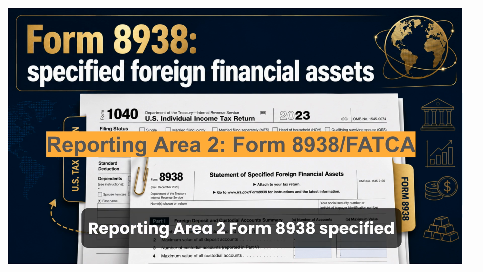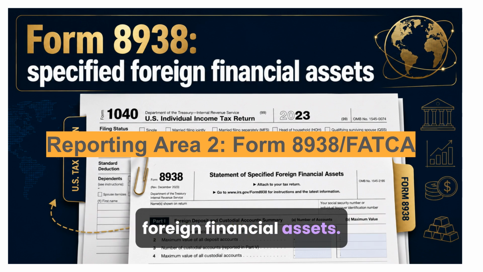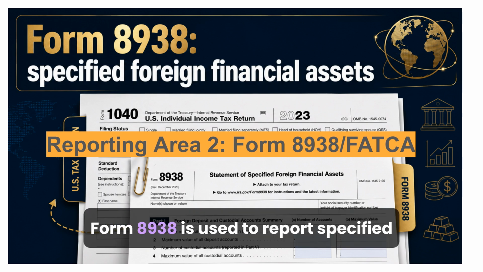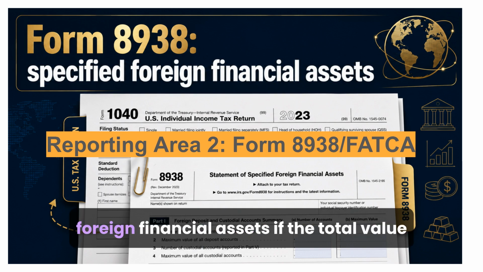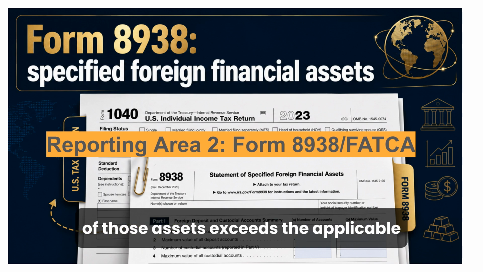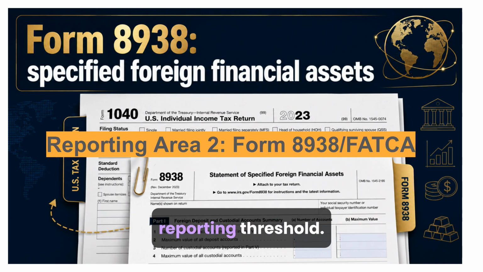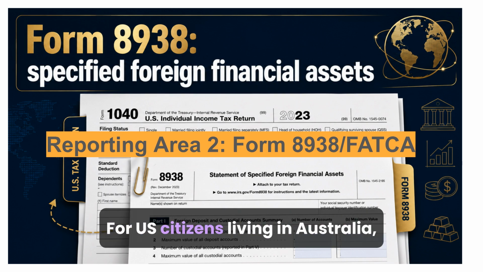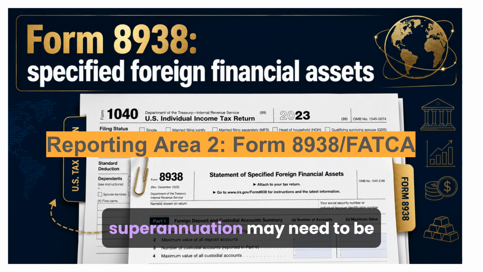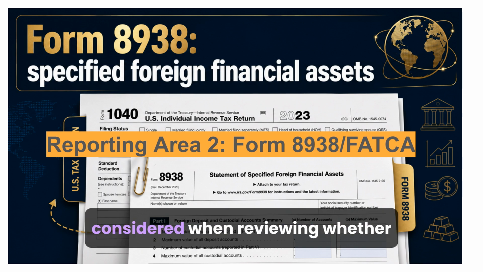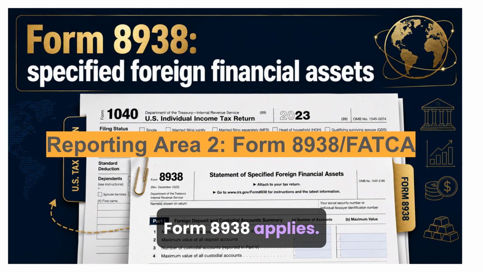Reporting Area 2, Form 8938, Specified Foreign Financial Assets. Form 8938 is used to report specified foreign financial assets if the total value of those assets exceeds the applicable reporting threshold. For US citizens living in Australia, superannuation may need to be considered when reviewing whether Form 8938 applies.